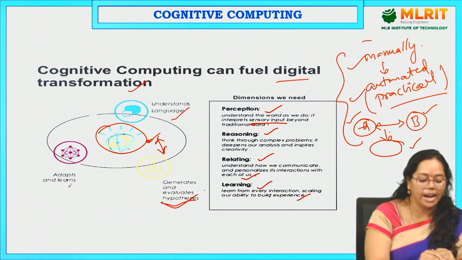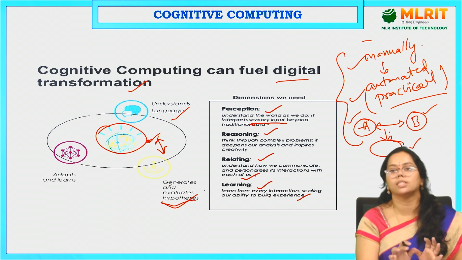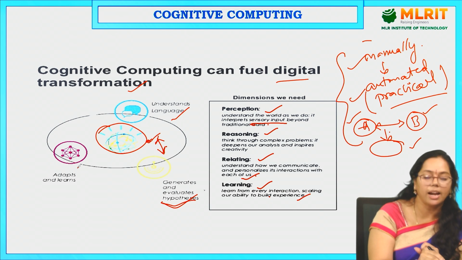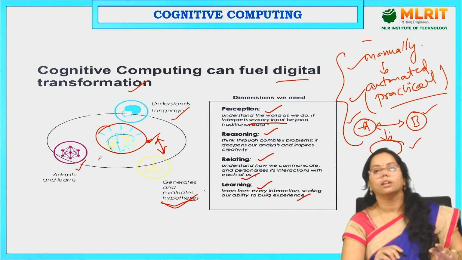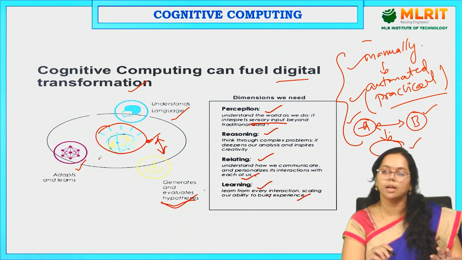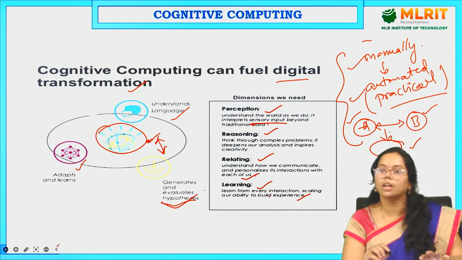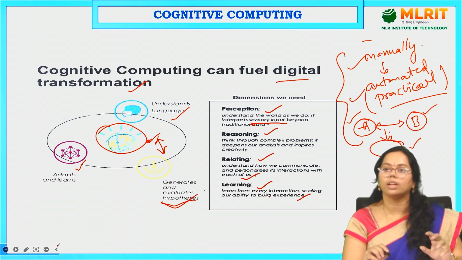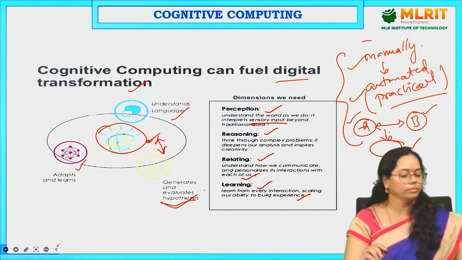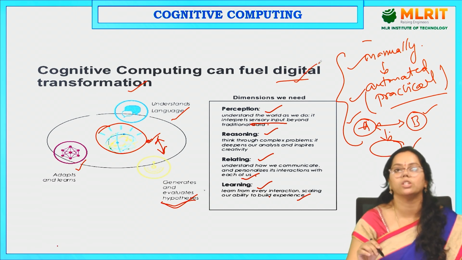And it adapts and learns. Once it checks whether the hypothesis is generated, it will adapt and learn what is there in it. Once it learns, it will get accustomed to the information revolving around it, and it tries to react whenever it comes into contact. This is about fuel digital transformation.